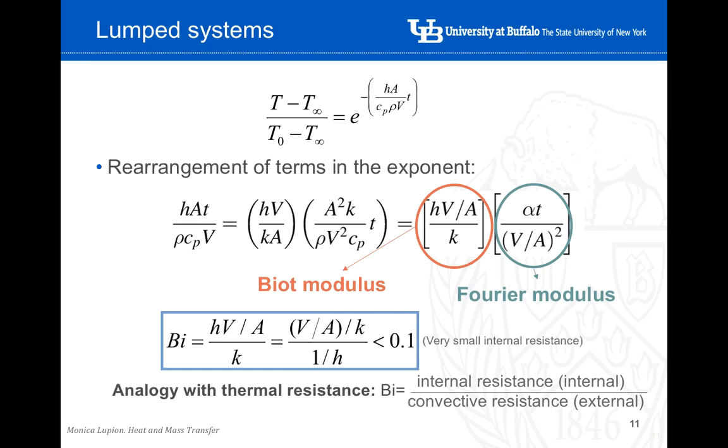In the case of lumped systems, as I mentioned, the internal resistance has to be small in order to assume that there is a uniform temperature in the medium. In that case, the Biot modulus needs to be small. So the internal resistance is small as well.